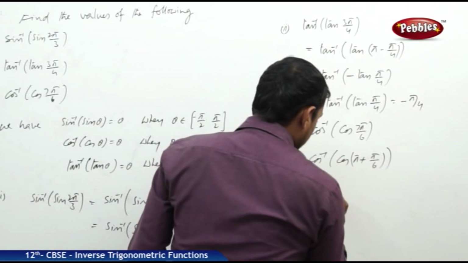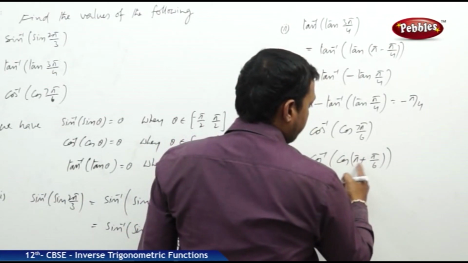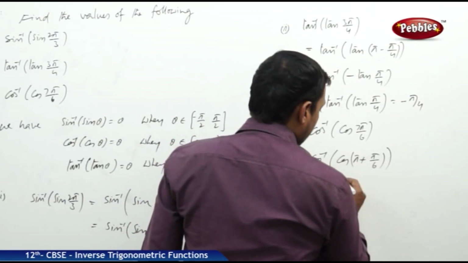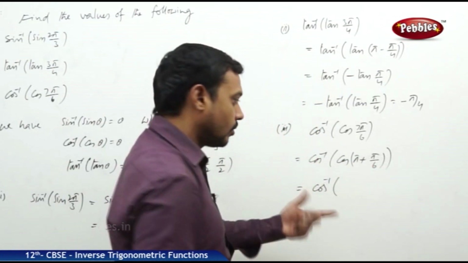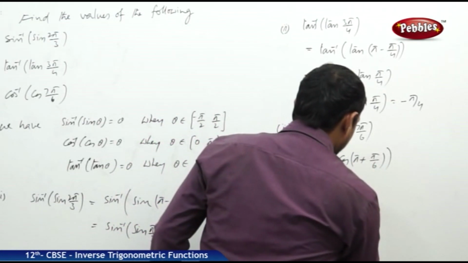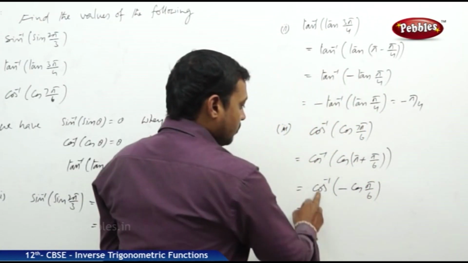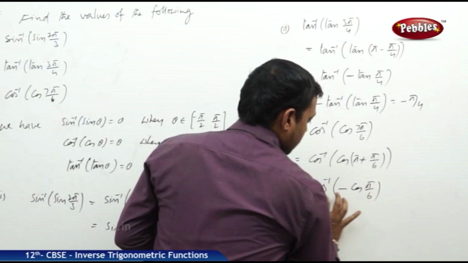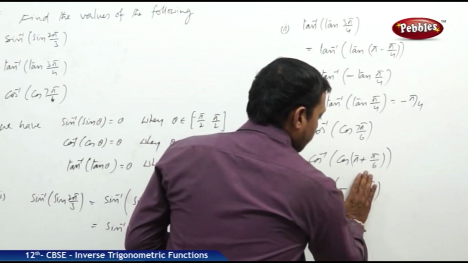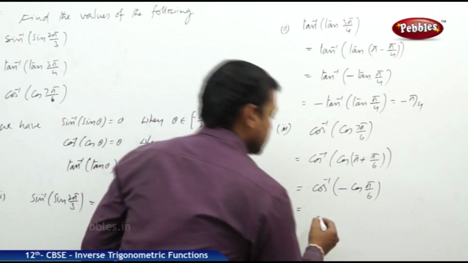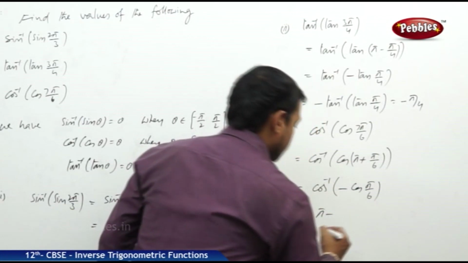Now, this is cos inverse of cos of pi plus theta. Cos of pi plus theta, third quadrant, is negative, so minus cos pi by 6. It is in the form of cos inverse of minus x. Cos inverse of minus x is equal to pi minus cos inverse x.